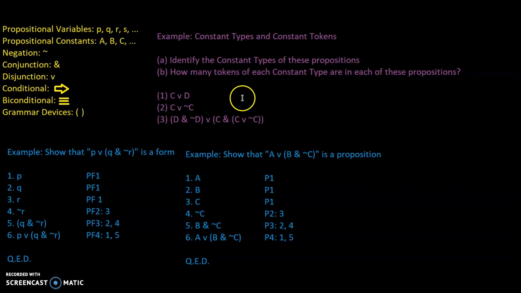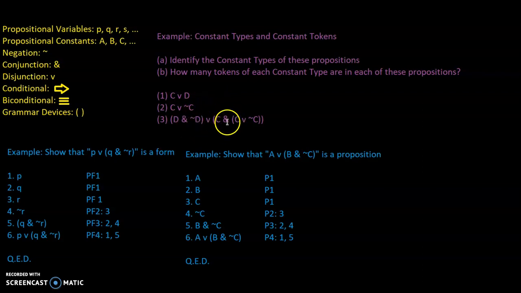All right, hopefully you've had a chance to do that. So this proposition has two constant types, the C constant type and the D constant type. This proposition has only one constant type, the C constant type, but it has two tokens of the C constant type. This one, the leftmost one, the first one, and then the second one here from left to right.